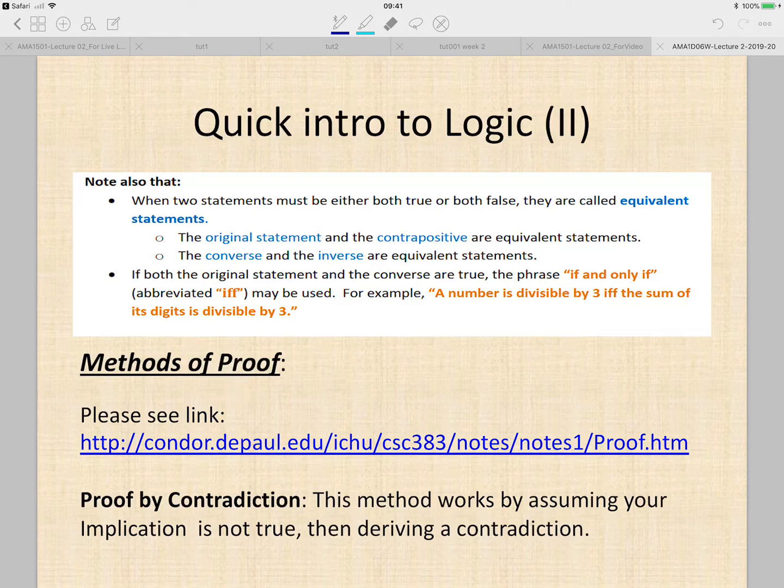So again, logic has a lot of elements. You can look at some of them in this link. The proof by contradiction method works like this: you assume an implication is not true, then you derive something that contradicts the original statement, which means that the original statement was right.